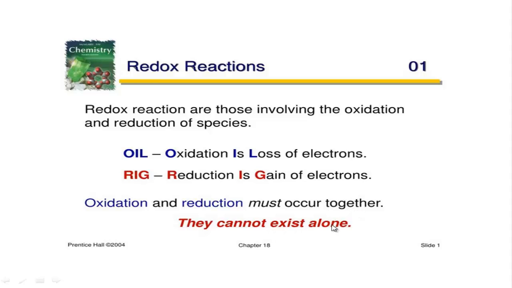They cannot exist alone. Yes, you can say that in many equations we have seen there is only one reactant. In that case, what happens? Yes, you are right. In the case of one reactant, both oxidation and reduction occur there also. How?